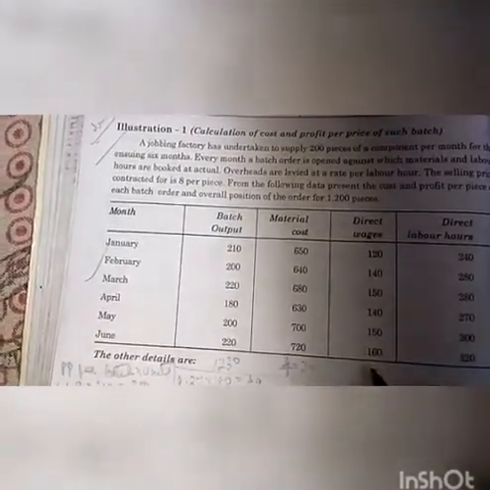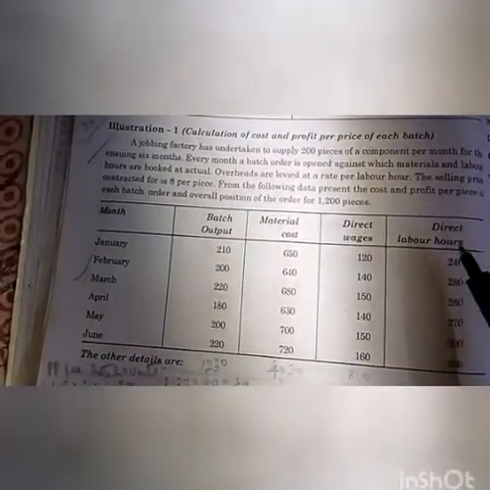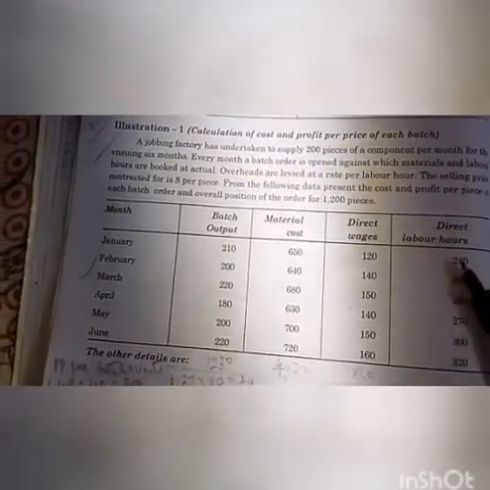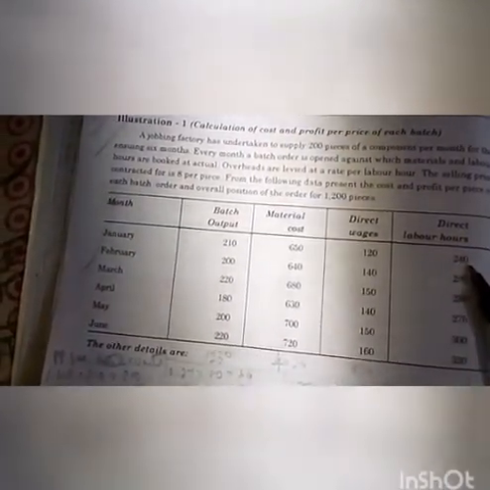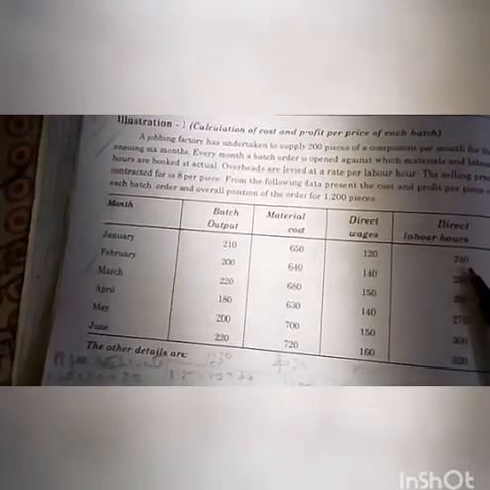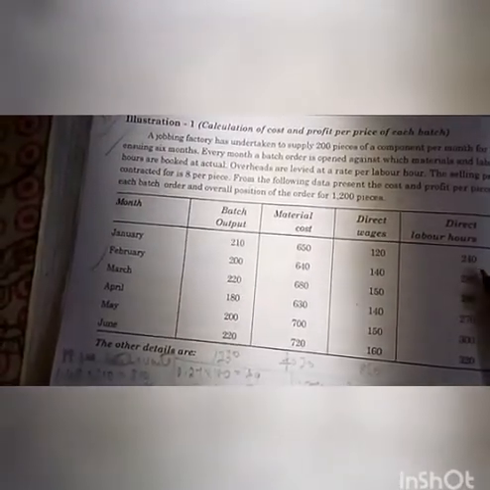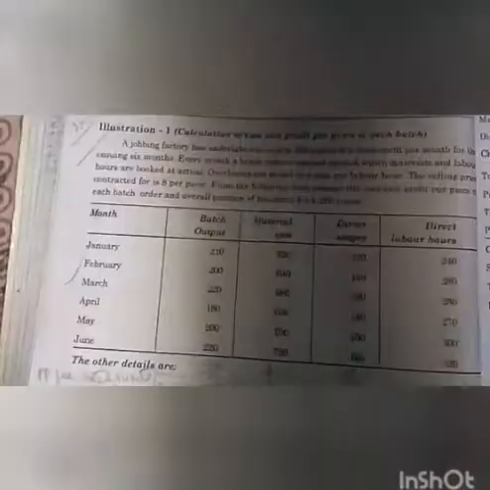For preparation of the job cost sheet, details are not given with regard to labor. The total number of hours worked is given as 240 hours, and the rate per hour is not given in the problem. So we need to calculate the rate per hour.